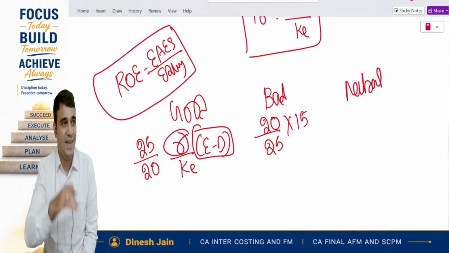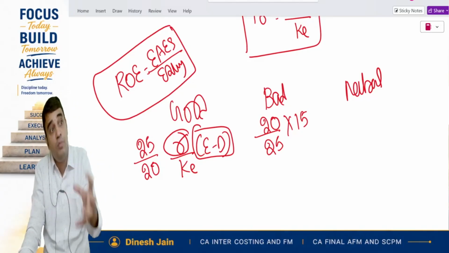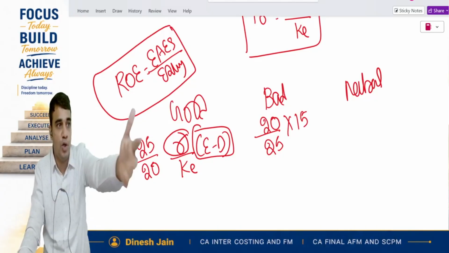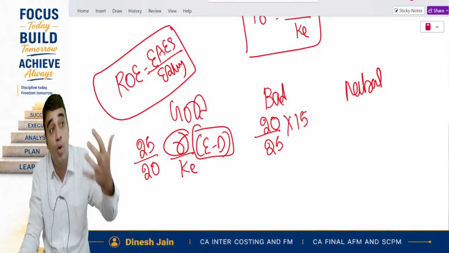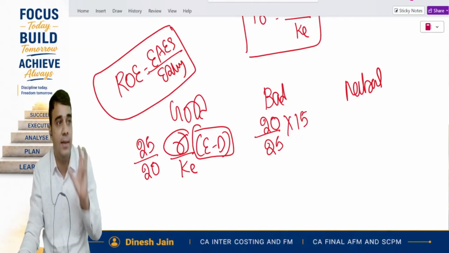R by K is a multiplier. You could be a company where you are earning more than what equity shareholders want. R is what I am earning, K is what you want. You are the equity shareholder, I am the company for this chapter, okay? So I earn more than what you want, and R by K will be greater than 1 technically.